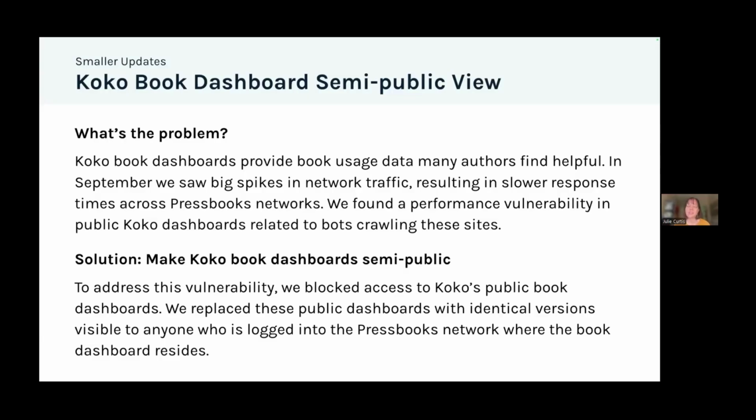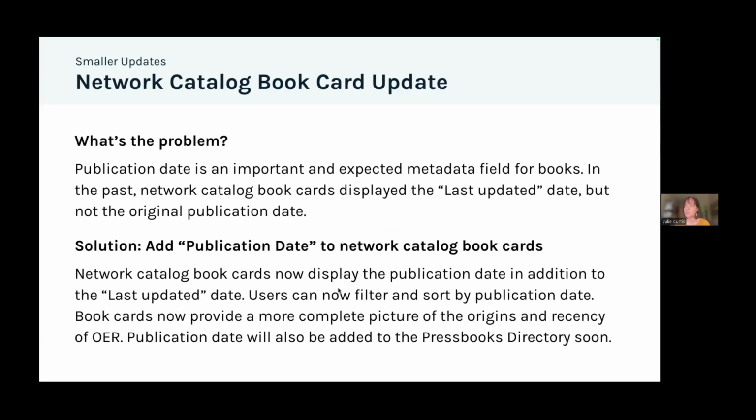In other words, it's identical to what it was before, but people need to be logged into the Pressbooks network where the book resides in order to see it. We didn't want everybody to suffer based on that, and found a way to split the baby, allow visibility, but have it logged in to make sure the bots were not grinding our network performance to a crawl.